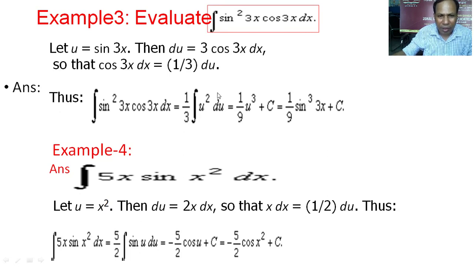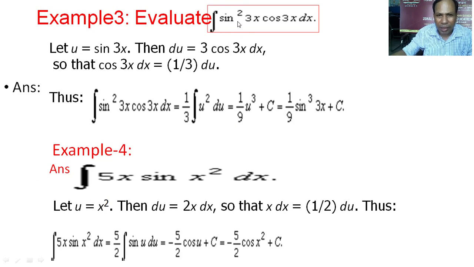Which is equal to, now integral of u square becomes u to the power 3 by 3. So 3 into 3 becomes 9. So it is 1 by 9 u cube plus constant. Now substituting the value of u, it is 1 by 9 sine cube 3x plus constant. Just see, this is a simple question on integration by substitution.